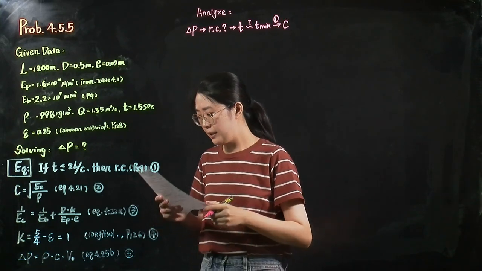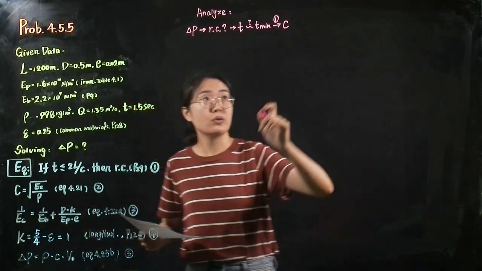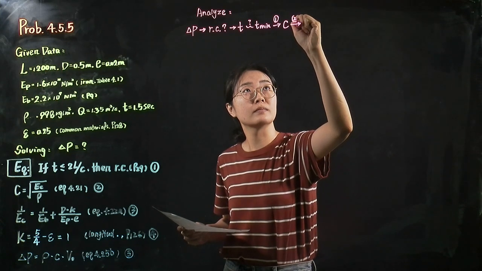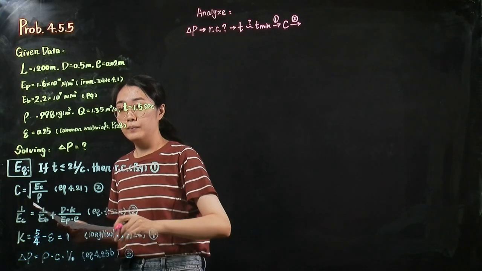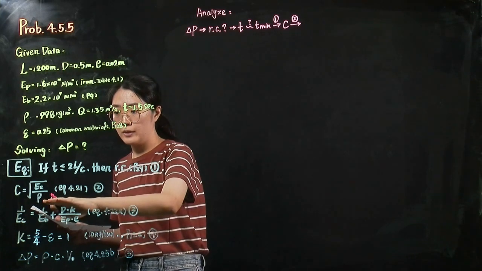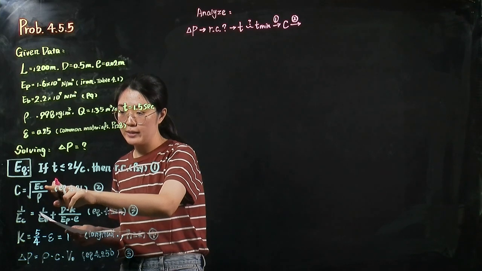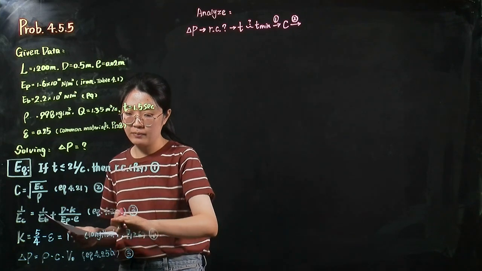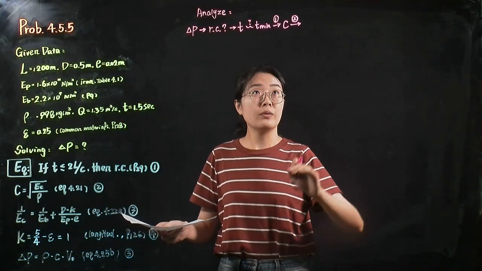And we can calculate the celerity based on equation 2. In equation 2, we know the density of water, and then we need to calculate the composite elasticity of the system, which is given by equation 3.